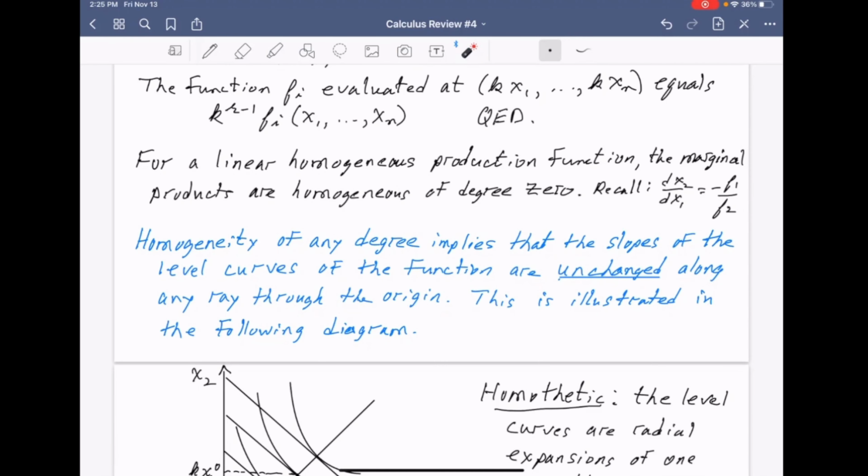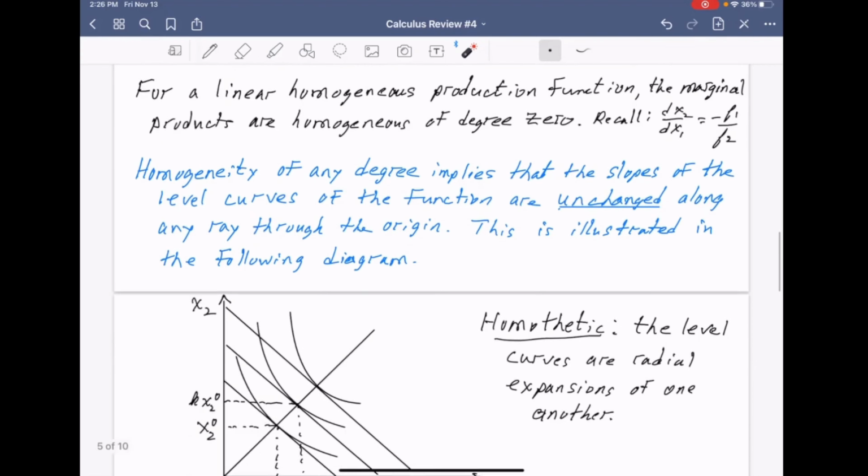So homogeneity of any degree implies that the slopes of the level curves of the function are unchanged along any ray through the origin. This is illustrated in the following diagram.